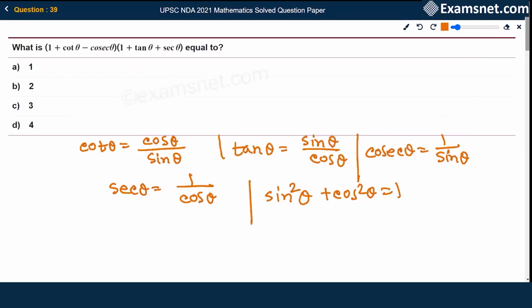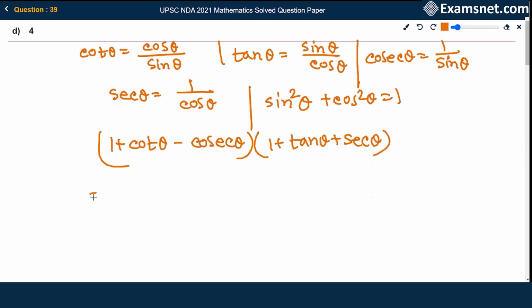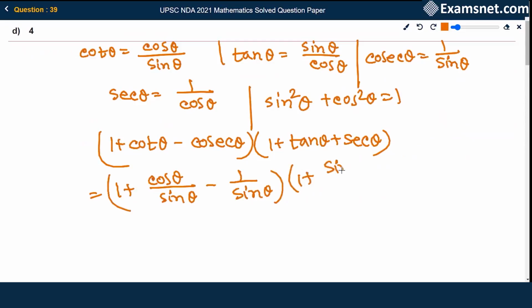to solve this sum now step by step. So here it is given that (1 + cot theta - cosec theta)(1 + tan theta + sec theta). We can put all the values in terms of cos and sin. So here (1 + cos theta by sin theta - 1 by sin theta)(1 + sin theta by cos theta + 1 by cos theta).